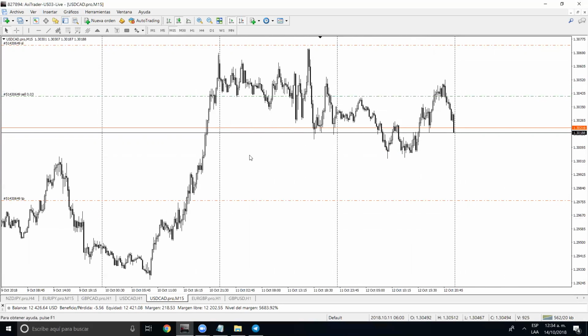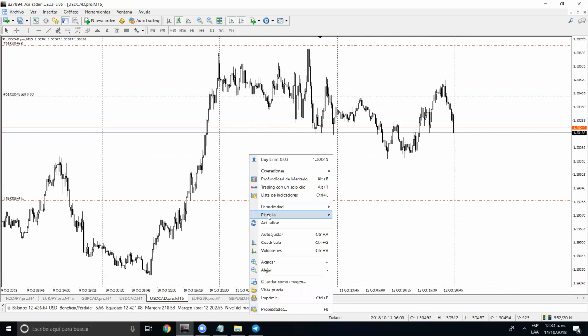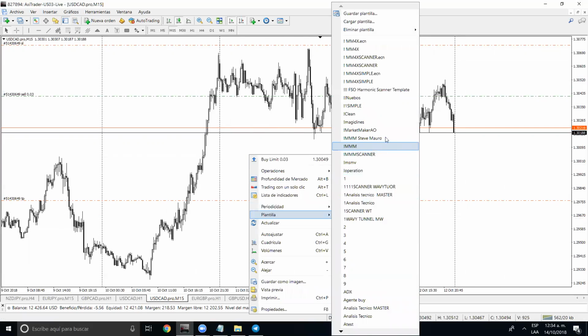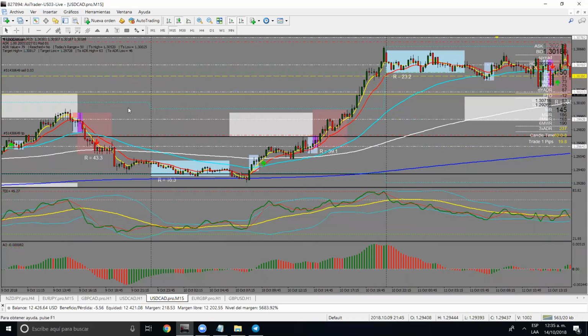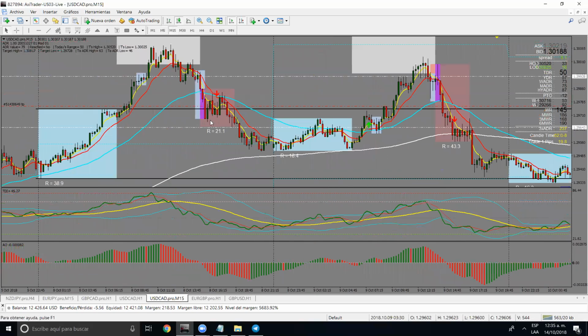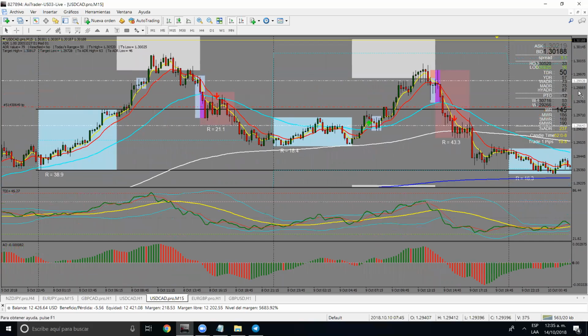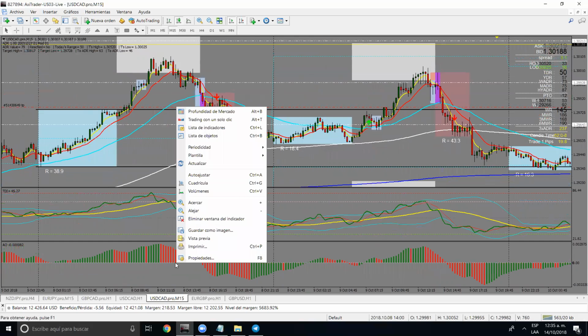Okay, now let's go to the template with the market maker method. First, we are just going to understand each part. We are not going to explain the method. I'm going to give you the original course from Steve DeMauro, but it's best that you understand this.